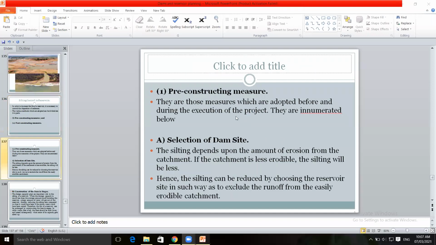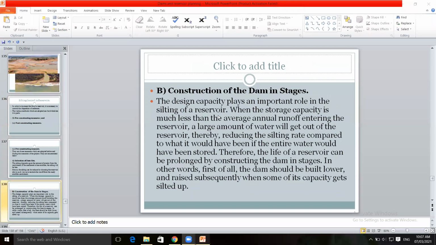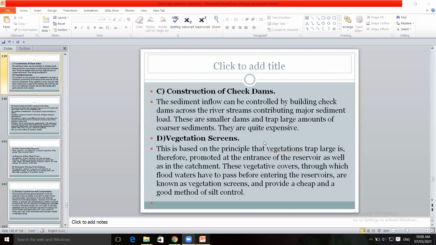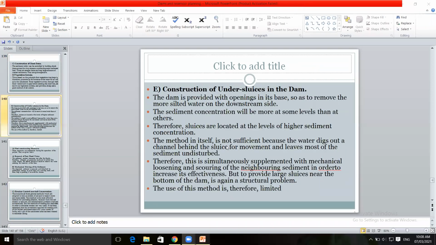Pre-constructing measures are based on selection of the dam site, construction of the dam in stages, construction of check dams, vegetation screens, and construction of undersluices in the dam.